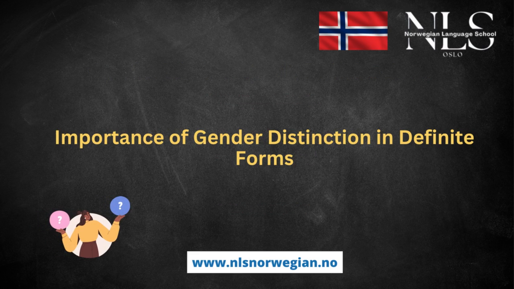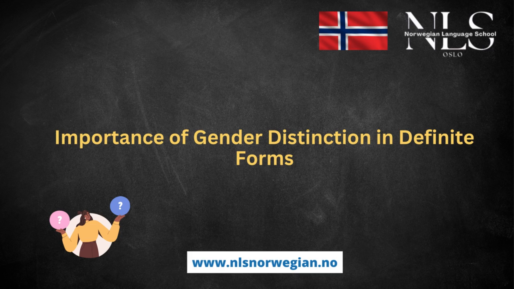Importance of gender distinction in definite forms. The suffix approach not only indicates that a noun is in its definite form, but also implicitly communicates the noun's gender. This dual function is crucial in Norwegian grammar as it affects agreement with adjectives and sometimes verbs. Using the correct definite form ensures grammatical consistency and clarity in communication.